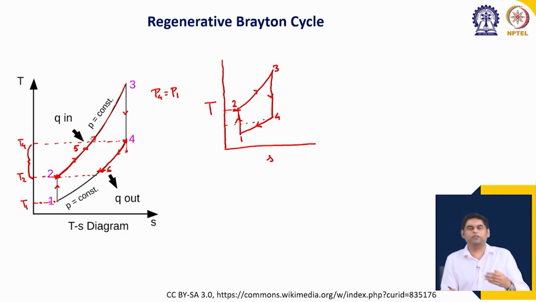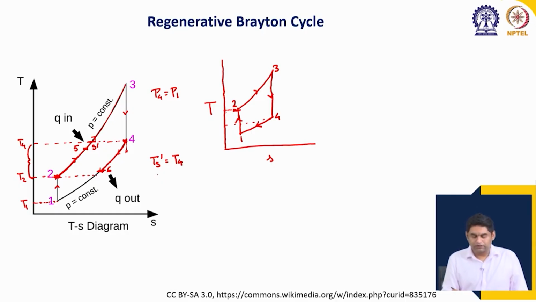This heat exchanger is called a regenerator. So, this 5 dash point where the temperature T5 dash is equal to T4. This is the maximum theoretically possible temperature which can be obtained in the heat exchanger.